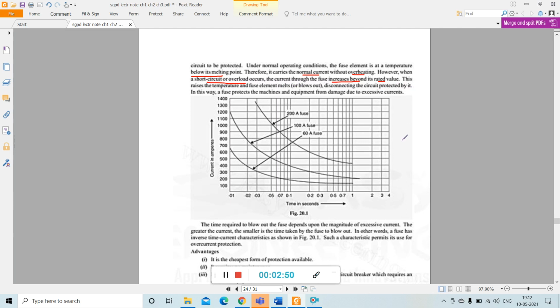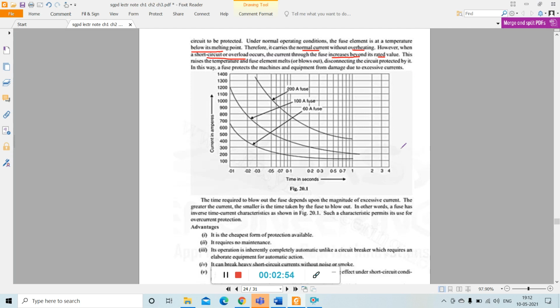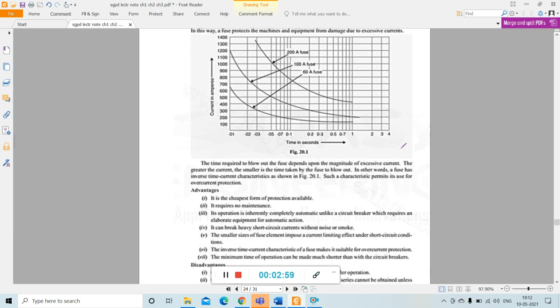Clear? So the time required to blow out the fuse depends upon the magnitude of excessive current. That means the greater the current, the smaller is the time taken by the fuse to blow out. In other words, the fuse has inverse time current characteristics.